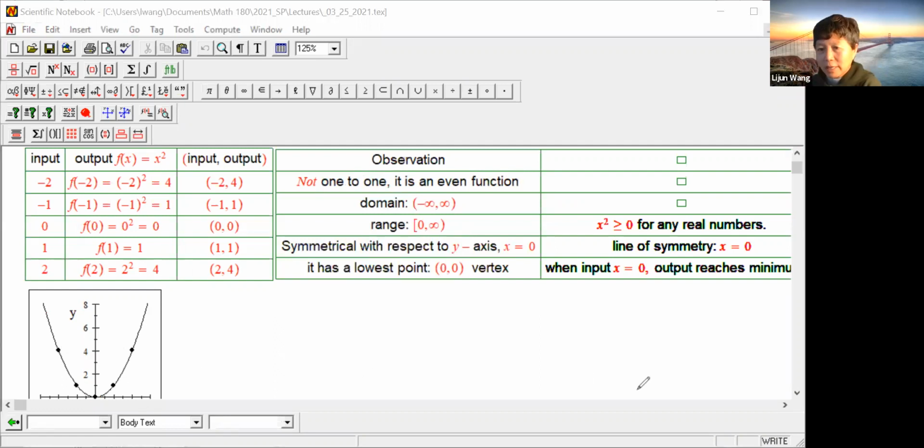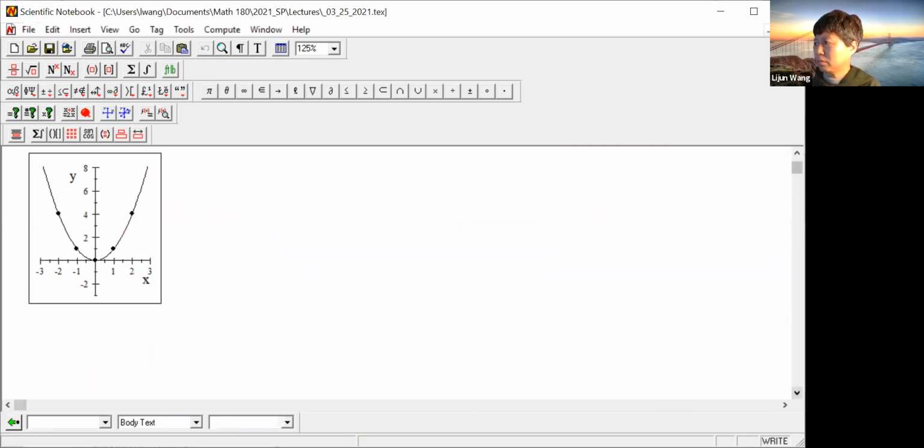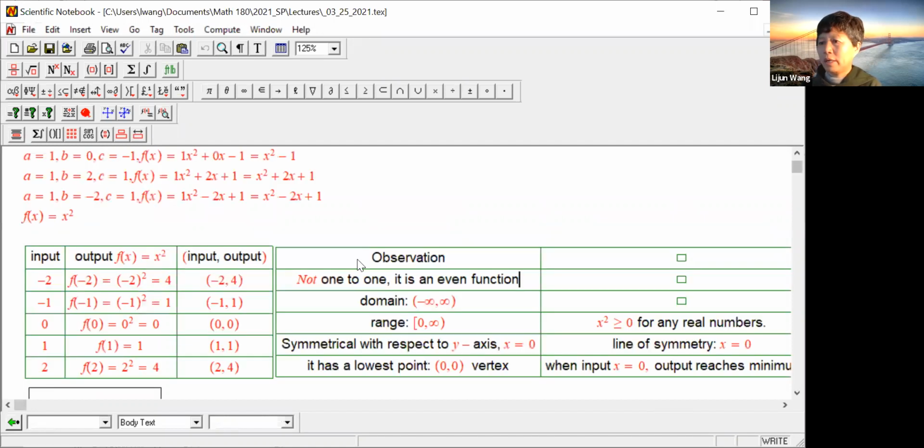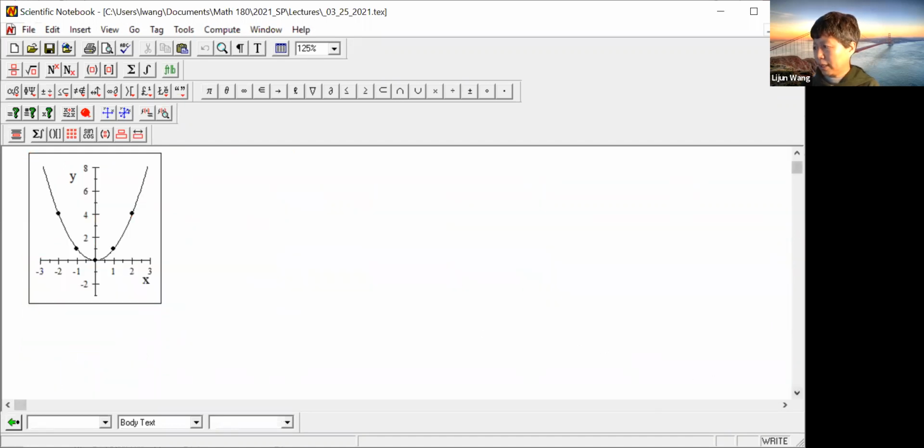There are a few other aspects I'd like to go over with you. When we plug in the numbers, what is the geometric meaning of plugging in the numbers? For example, when I plug in f of -1, what am I doing geometrically?